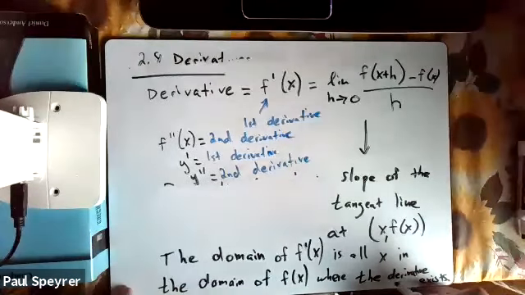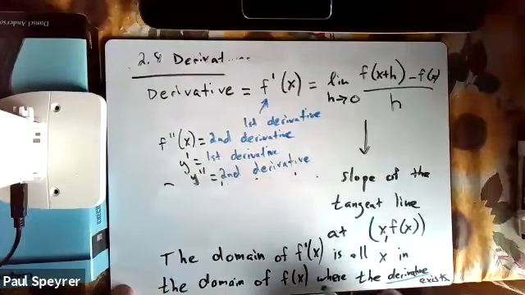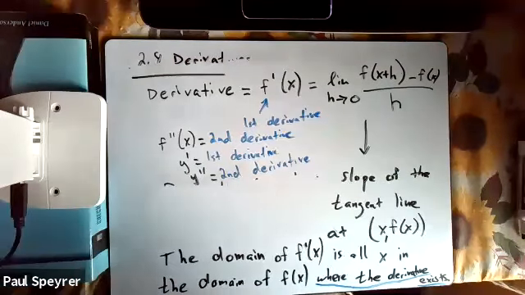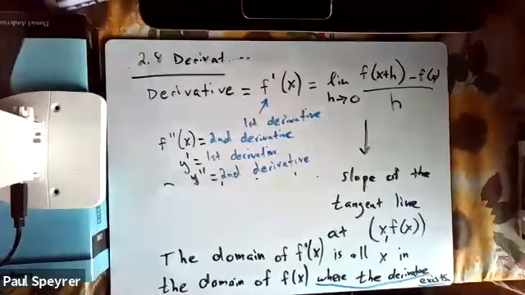So this little part right here is important, where the derivative exists. Because the derivative does not exist everywhere, okay?